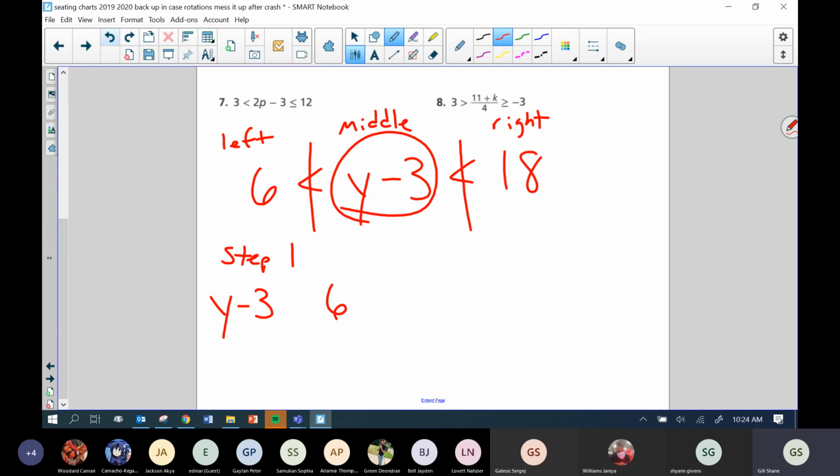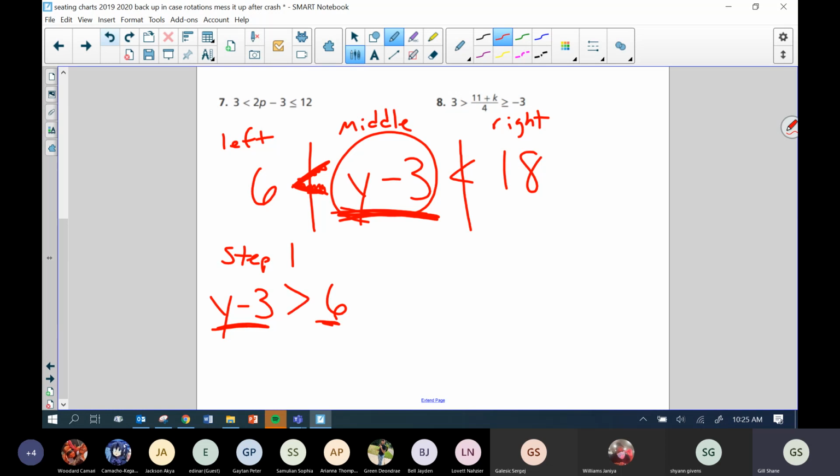But even better, you need to think, okay, y subtract 3 is greater than 6, right? So that's the way the alligator is going. If y subtract 3 is greater than 6 up here, then y subtract 3 down here also needs to be greater than 6.